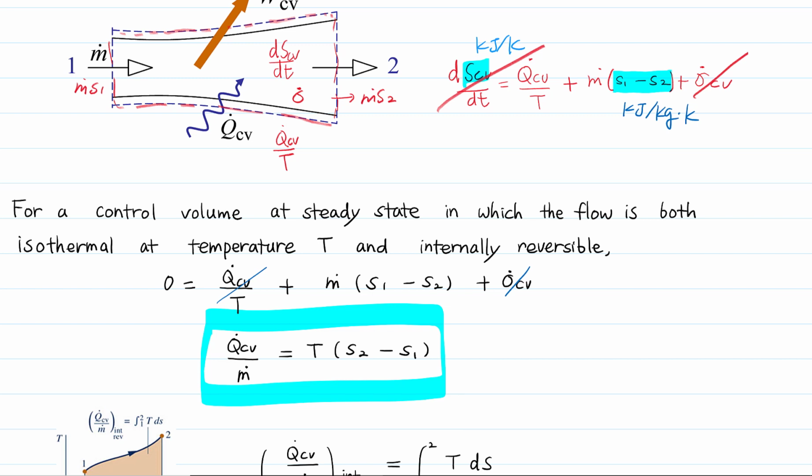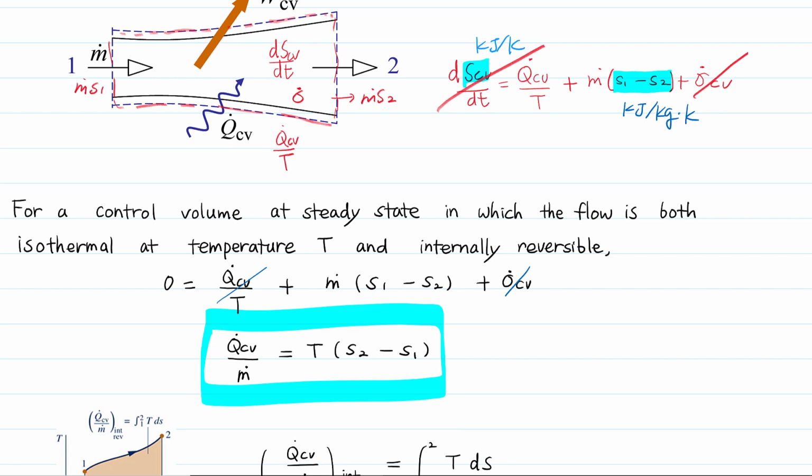The heat transfer per unit mass flowing through the control volume is temperature T times the entropy change between the inlet and outlet. In these expressions, we assumed the temperature at the boundary of the control volume where the heat transfer occurs is constant.